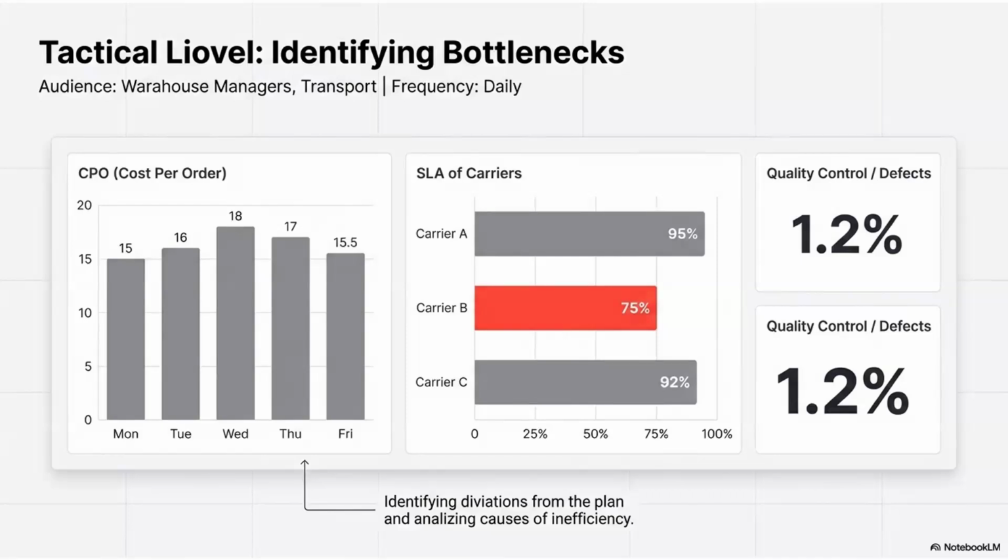For example, we analyze in detail the CPO, cost per order indicator, broken down by days of the week. If the cost of processing suddenly increases on a Wednesday, the warehouse manager must analyze the reasons for this inefficiency. Another extremely important tool is monitoring the service level, or SLA, of our carriers.